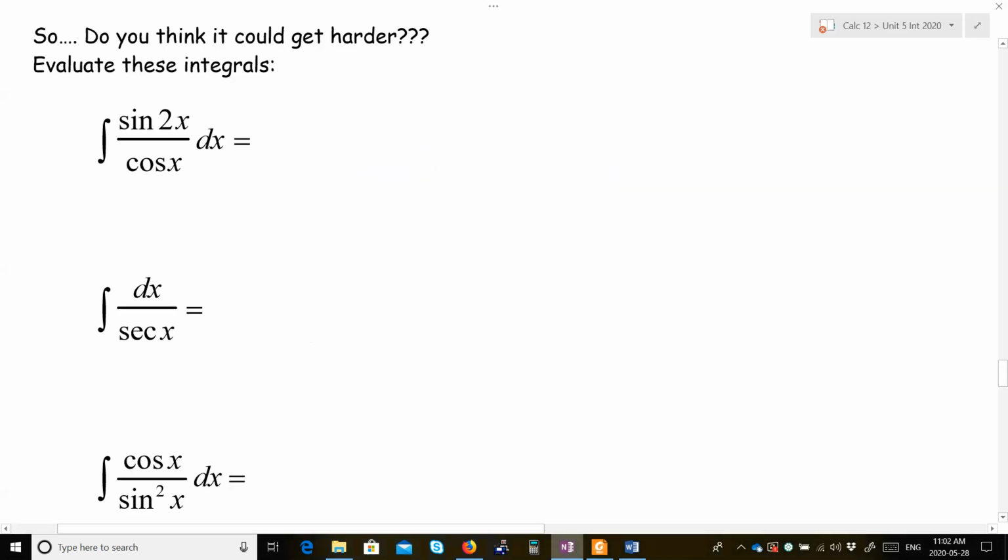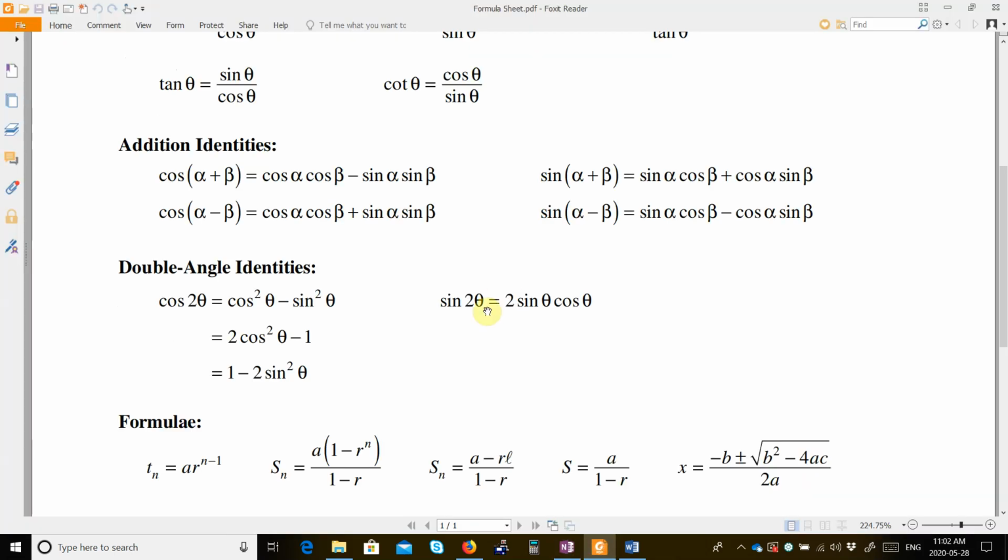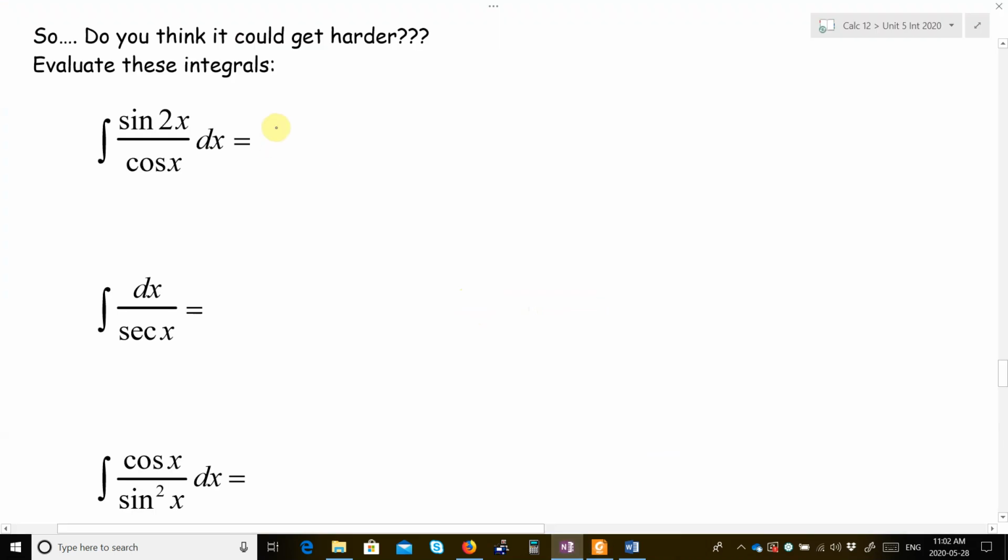Okay, so if we look at the first one, the integral of sine 2x over cos x, look on our sheet here, right there, sine 2 theta is 2 sine theta cos theta, so you could just replace the theta with an x. So sine 2x is equivalent to 2 sine x cos x, divided by that cos x, and then dx.